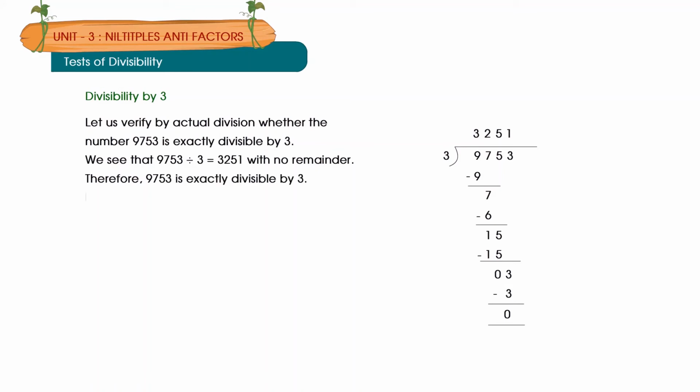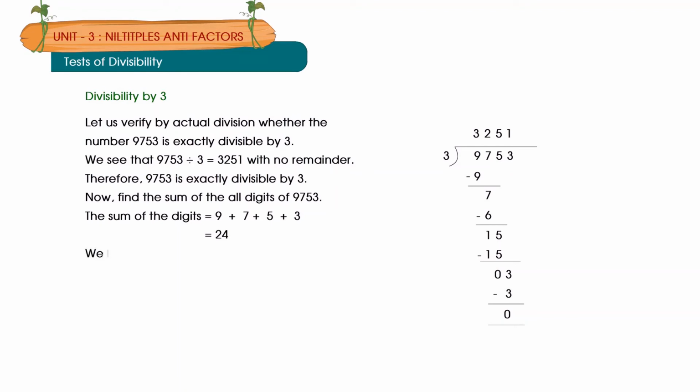Now find the sum of all the digits of 9,753. The sum of the digits is equal to 9 plus 7 plus 5 plus 3 is equal to 24. We know that 24 is divisible by 3 as 8 into 3 is equal to 24.